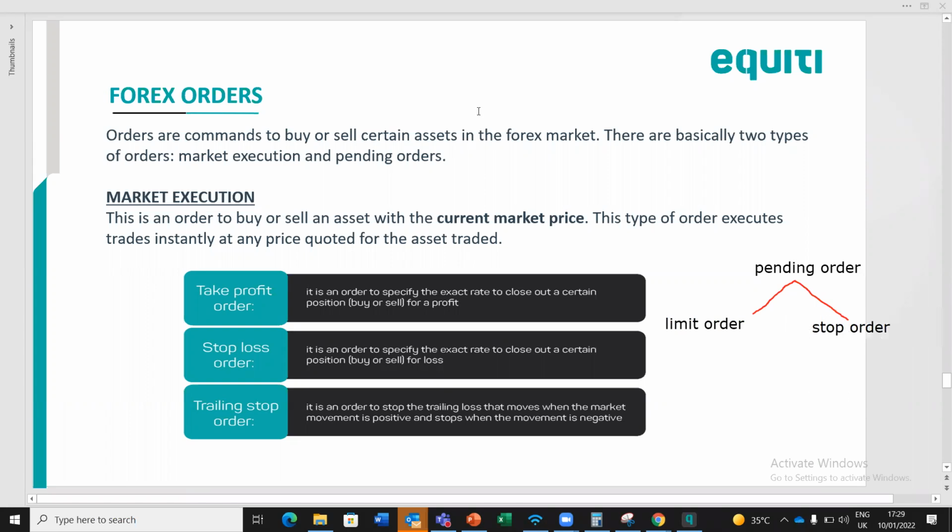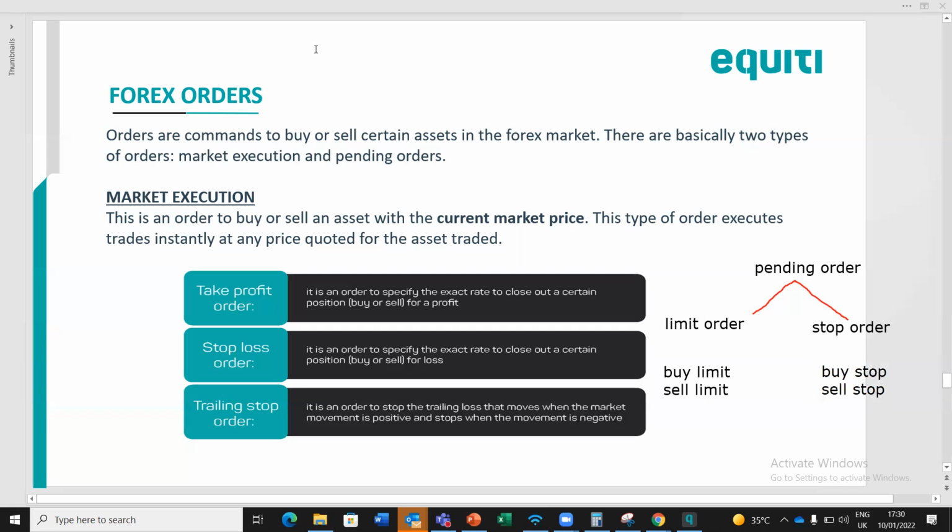From the limit orders we have the buy limit and then the sell limit. And for the stop orders, we have the buy stop and then the sell stop.